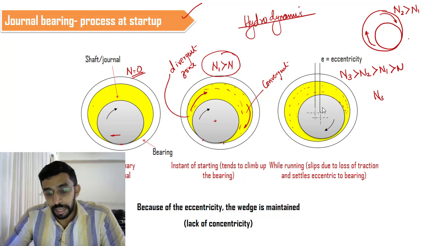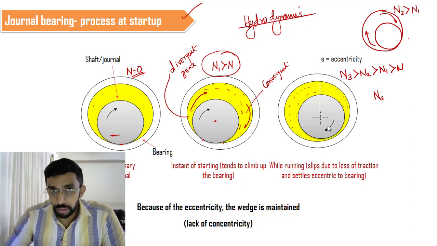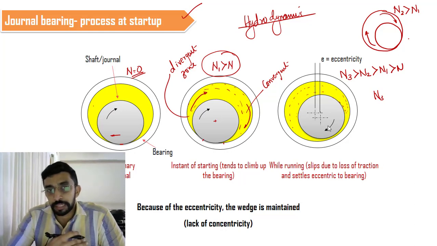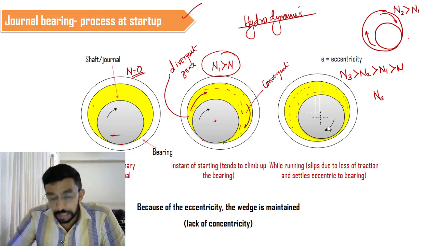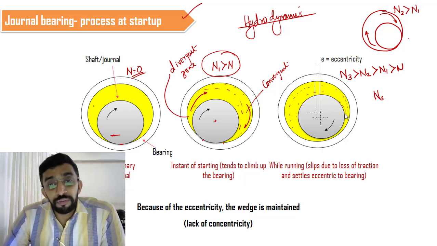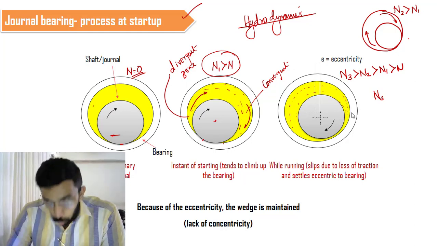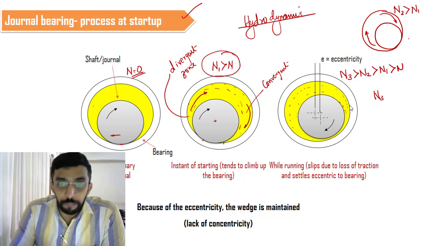So when the lubricant takes sufficient force, you might remember the wedging concept that we discussed in the previous slide. That wedging concept will come into picture, and we have a lift force and a drag force, and that lift force will pick this shaft upwards.